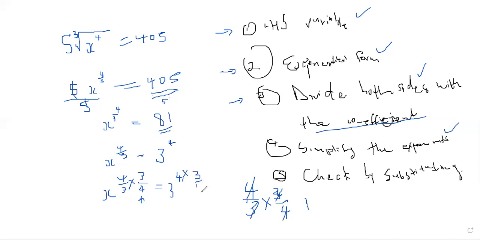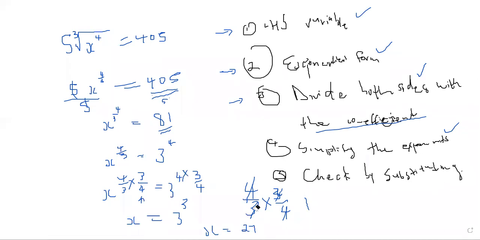This side cancels and we're left with x. On the other side, 4 multiplied by 3 gives 12, and 12 divided by 4 is 3, so you have 3 to the power of 3. Then x is 27, because 3 to the power of 3 is 27.